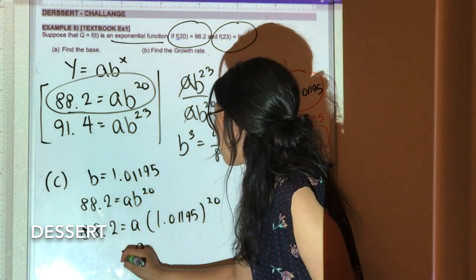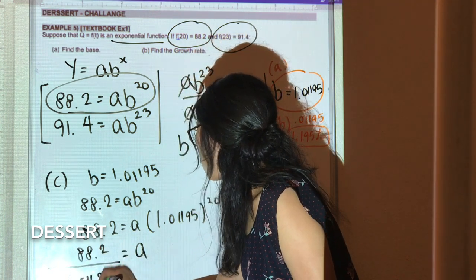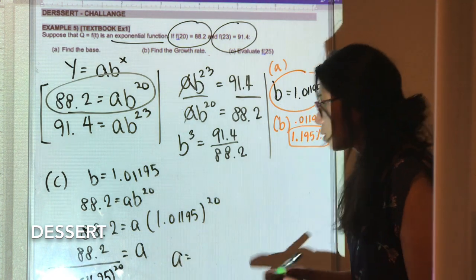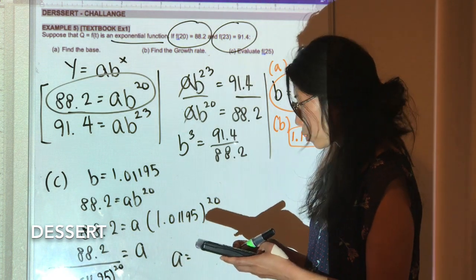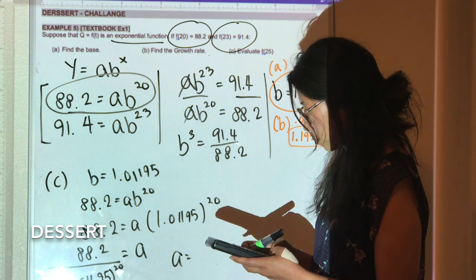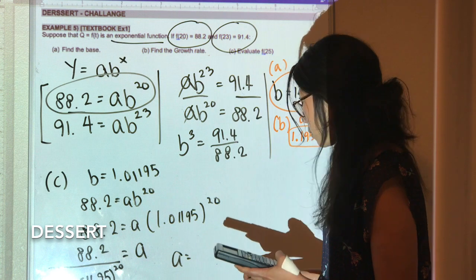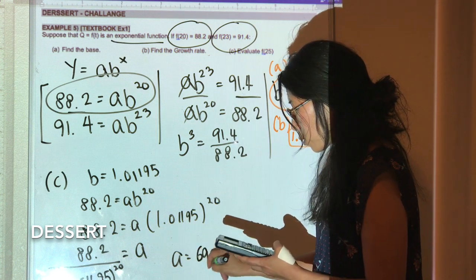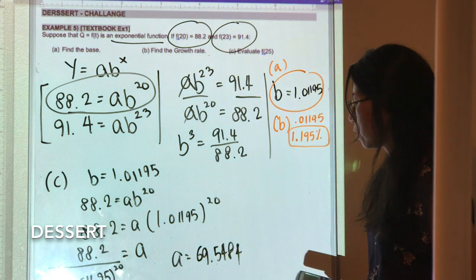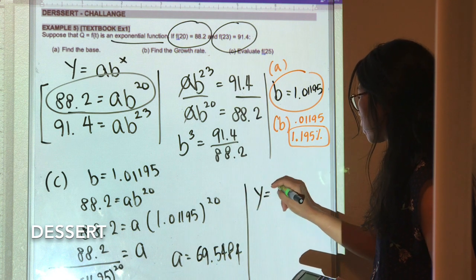In order to find the a value, you can divide by the factor on the right hand side. And from here, if I punch it into the calculator carefully, I get 69.5484, something like that.